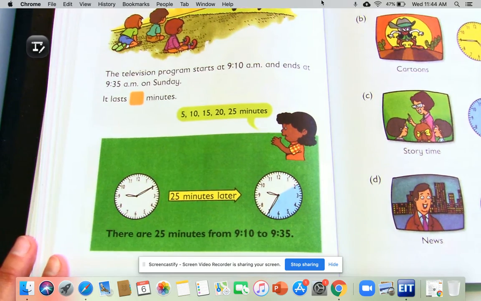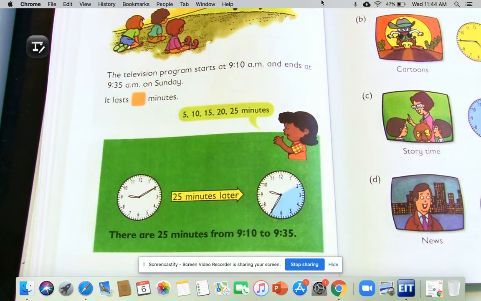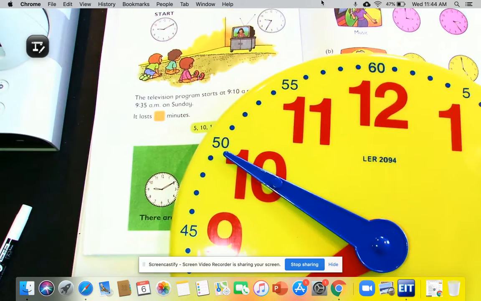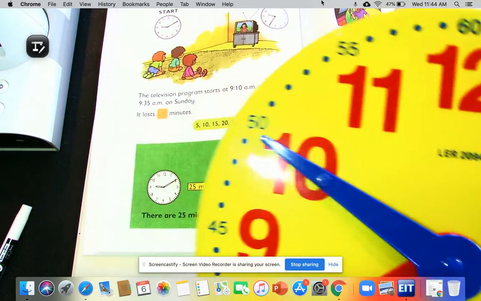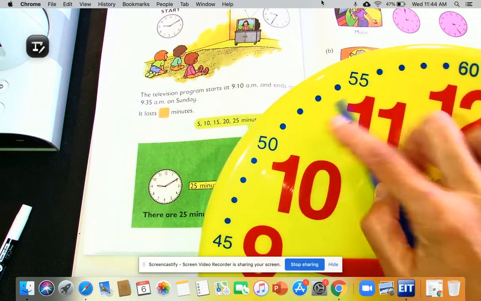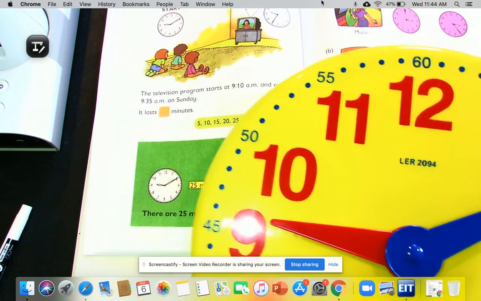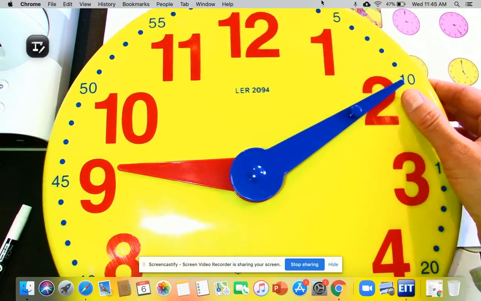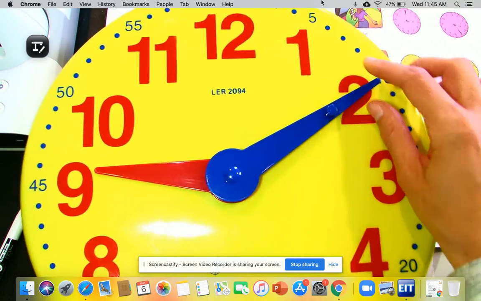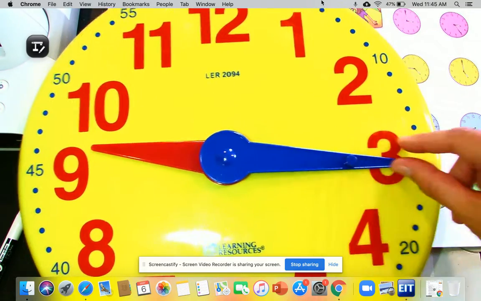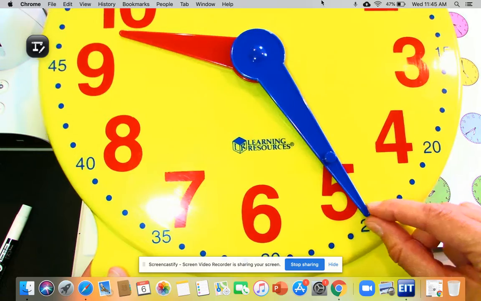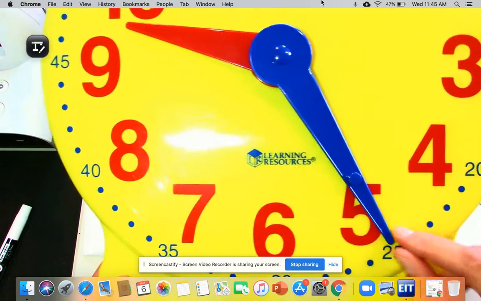And if I put that time on our big clock here, I might have to zoom out for us. Okay. So it starts at 9:10, which would look something like this, I think. There's 9:10, and it stops at 9:35. Okay, so we can count by fives. 5, 10, 15. Is that right?